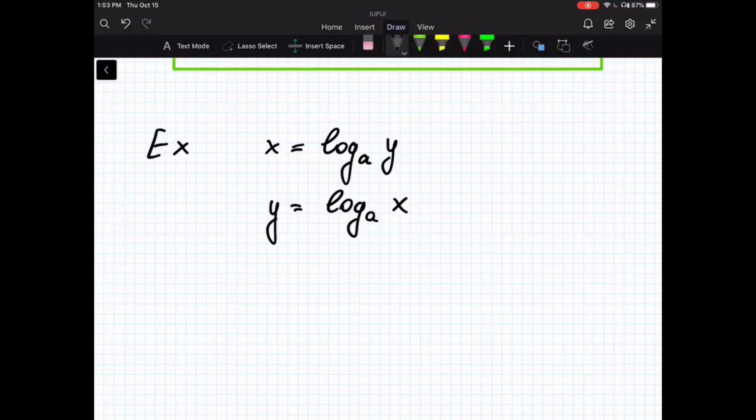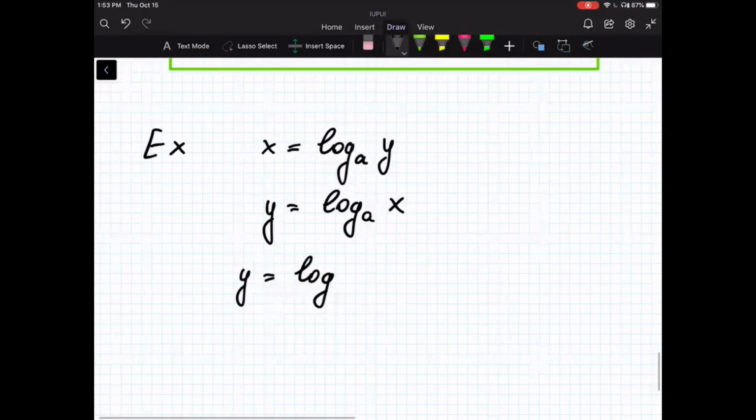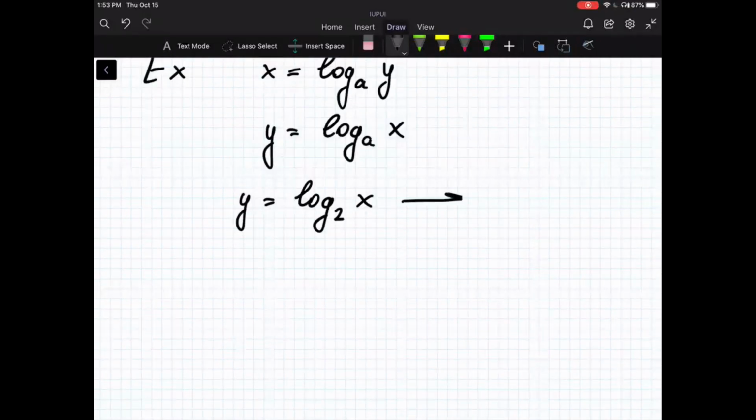And let's consider the example y is equal to logarithm of x with base 2. So this is equivalent to the equation x is equal to 2 to the power y by the same relation that we discussed. But here x and y are switched.